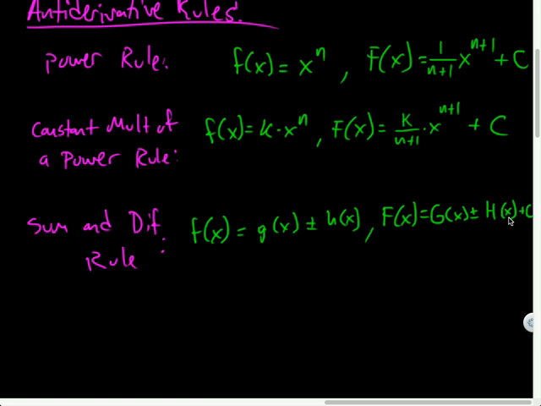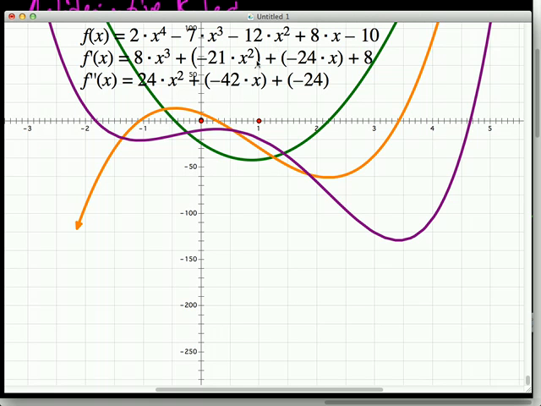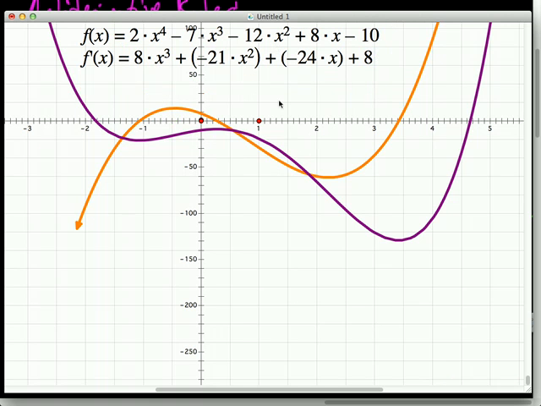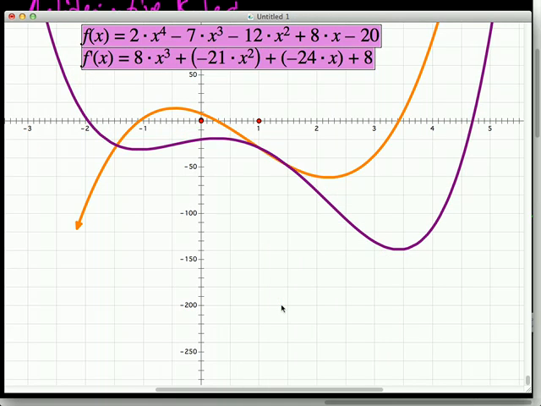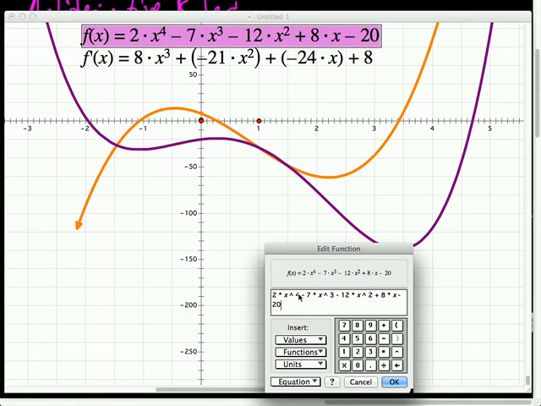Because the reverse of that would be finding the derivative, and when you have a constant, it just disappears when you find the derivative. Here, check this out. Here's my purple function. My purple function is the antiderivative of the orange function. If I change my y-intercept for that, say I make it minus 20, notice that the orange function does not change ever.